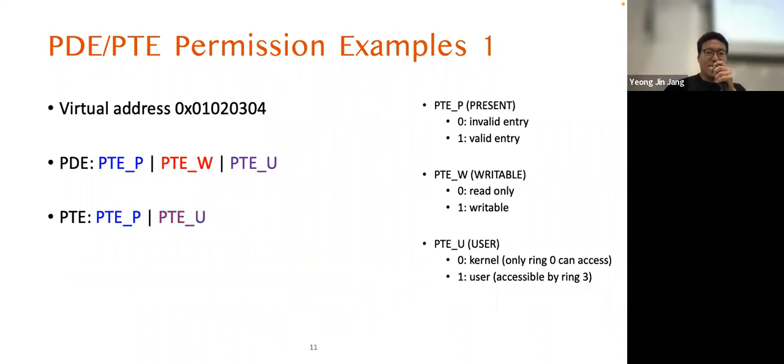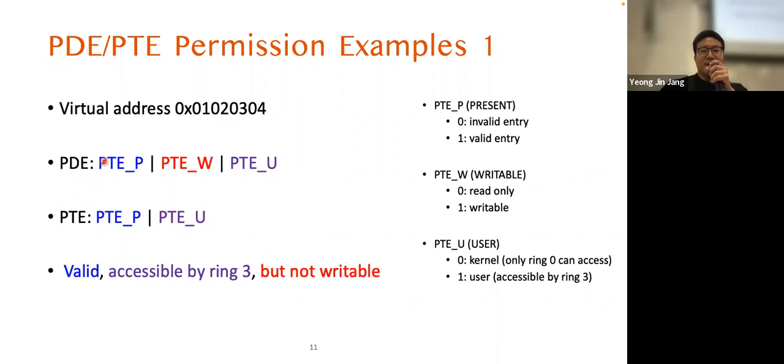Then let's take a look at a different example. For the same address, suppose we set the permission flags like this. Then the resulting privilege would be: because both entries have a valid present bit, the address is valid, but only the page directory has a writable bit.